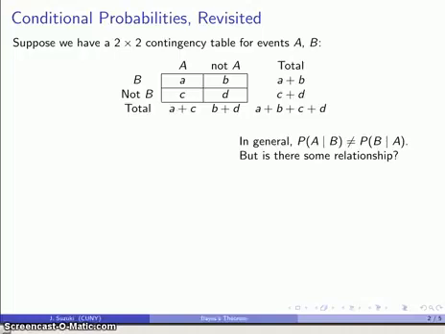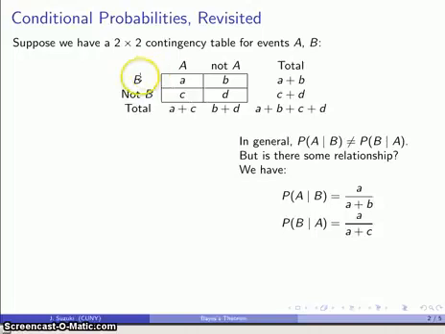And certainly there does seem to be at least some connection between the two, because if we compute the relevant conditional probabilities, we find that the probability of A given that B has occurred, so we know we're in the B occurs, A plus B total cases, A has occurred A times.